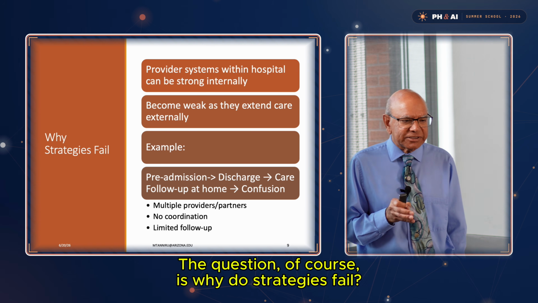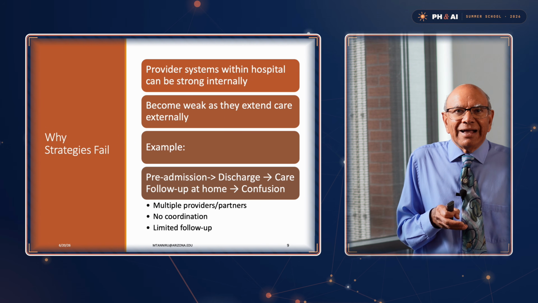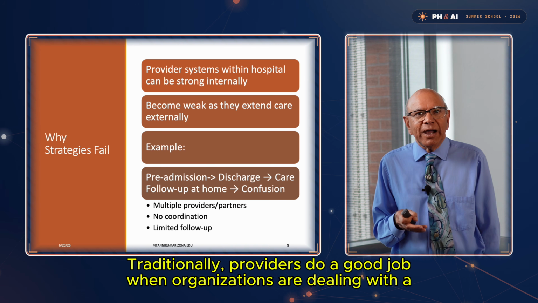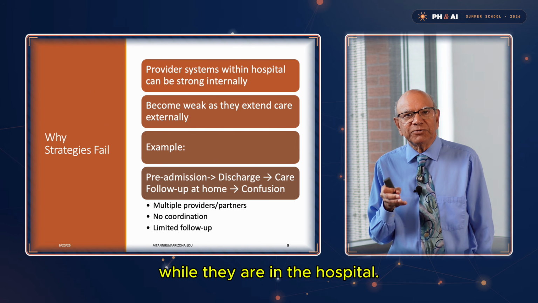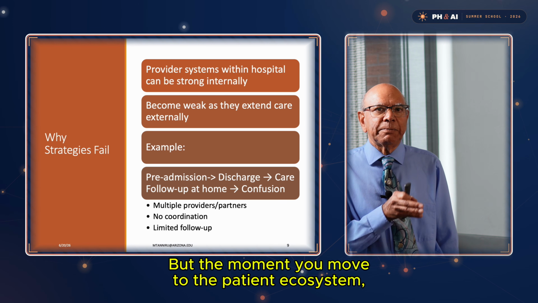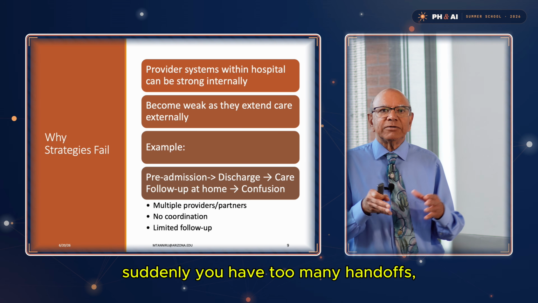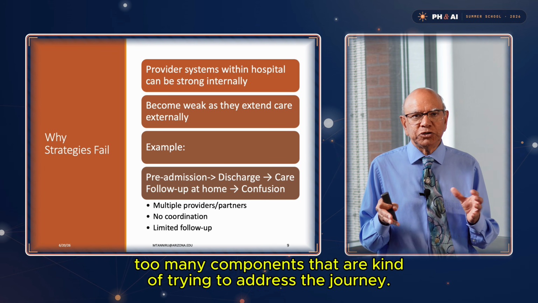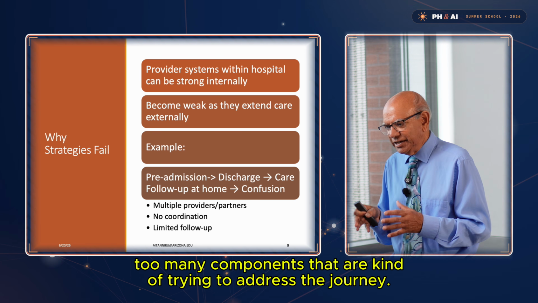The question, of course, is why do strategies fail? Traditionally, providers do a good job when dealing with a patient while they are in the hospital. But the moment you move to the patient ecosystem, suddenly you have too many handoffs, too many components trying to address the journey.